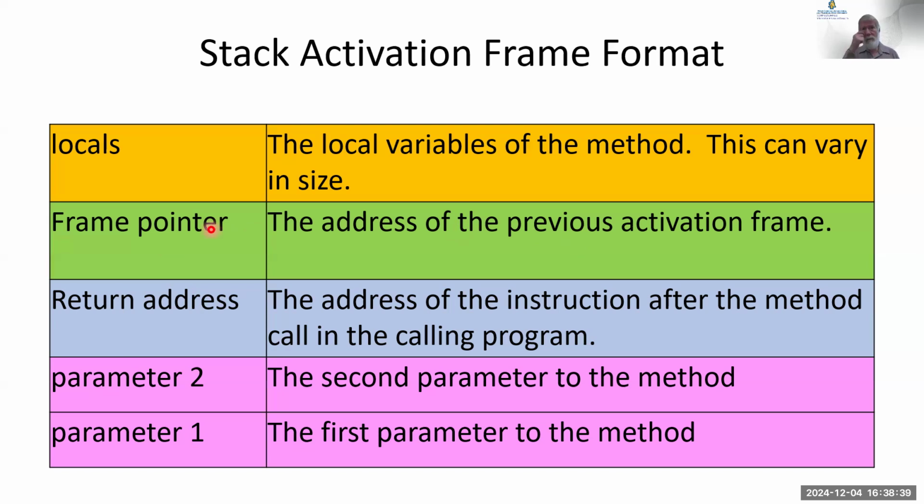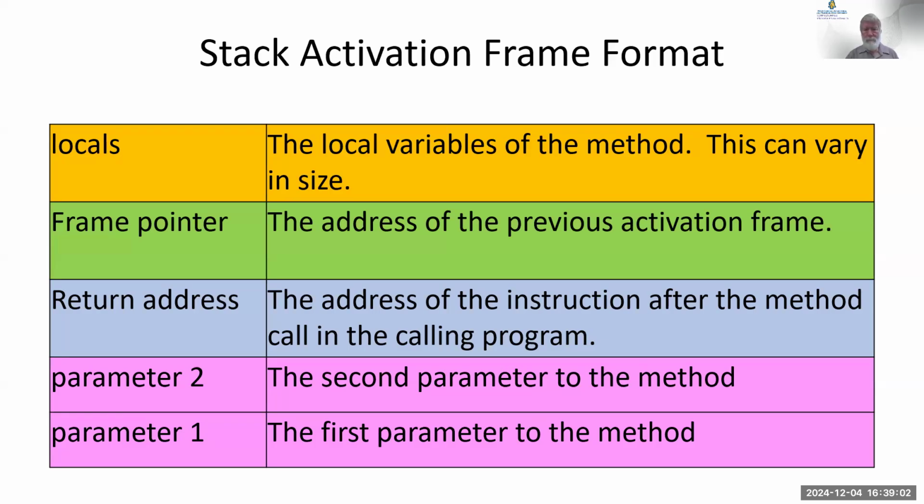That's useful. If something goes wrong, it can then print the stack trace. This is particularly noticeable in Java. If something blows up, it gives you this long list of this method calls this method, calls this method. It does that by going back through the frame pointers. And then local variables are also stored on the stack.